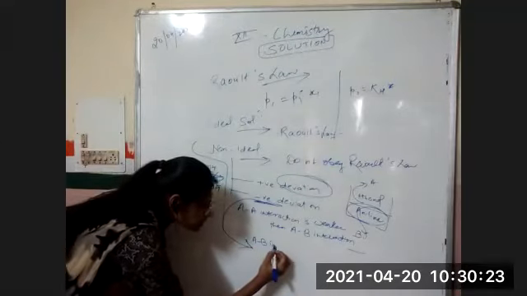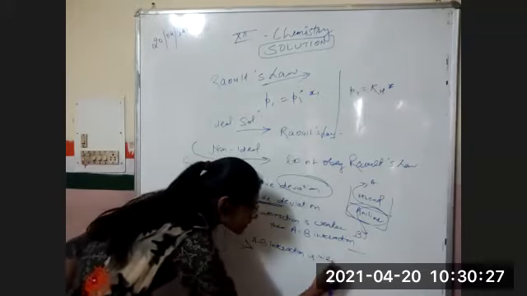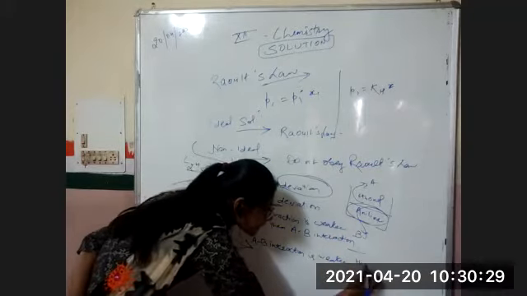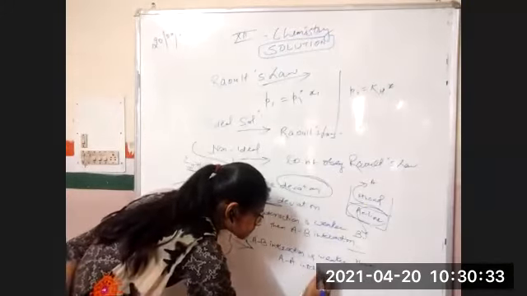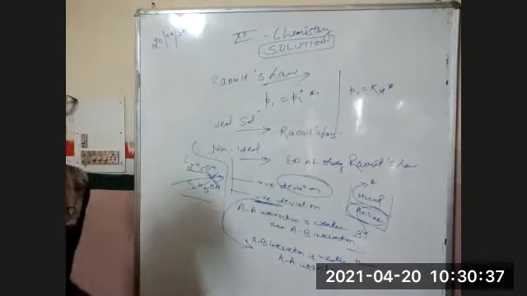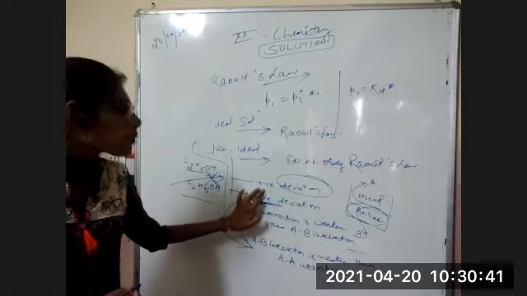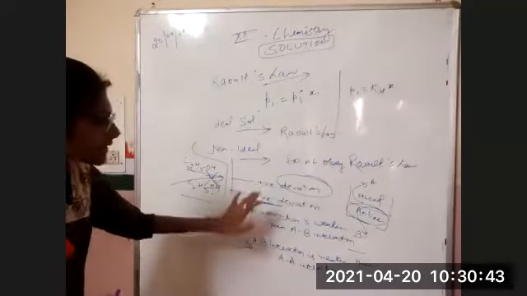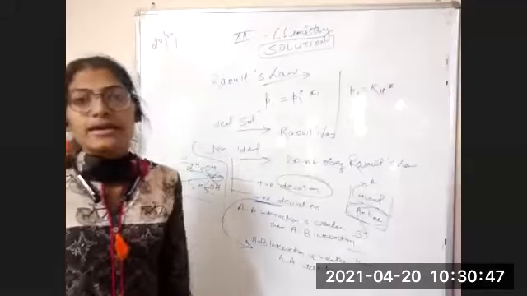AB interaction is weaker than AA interaction. This is just the reverse of the situation known as non-ideal solution with positive deviation. In negative deviation, AB interaction must be weaker than AA interaction.